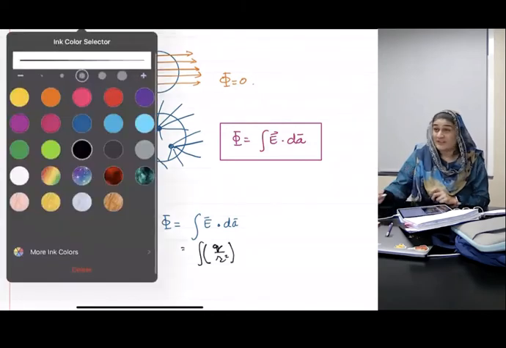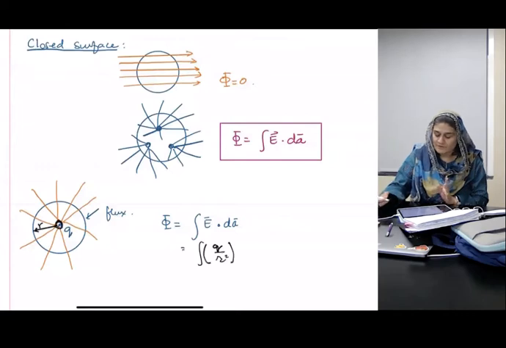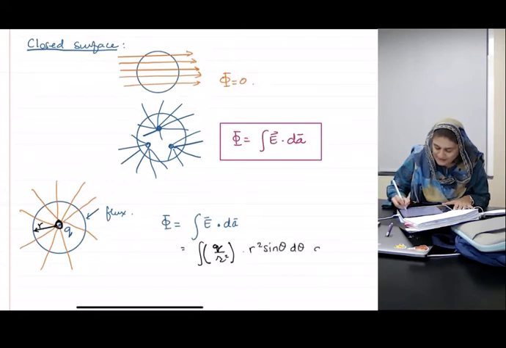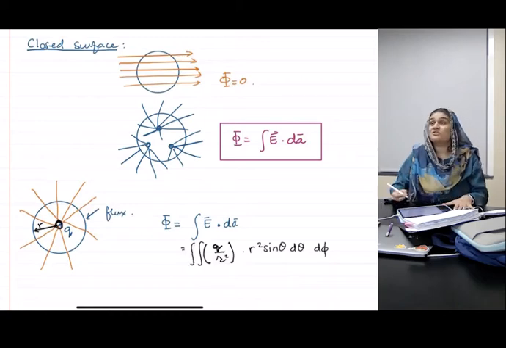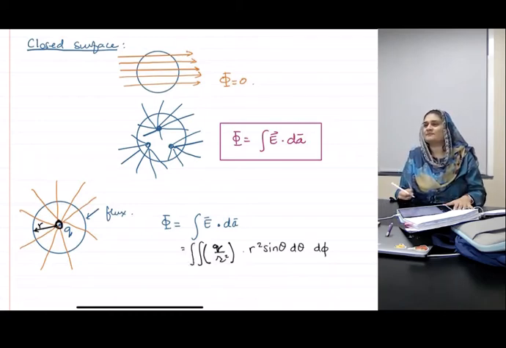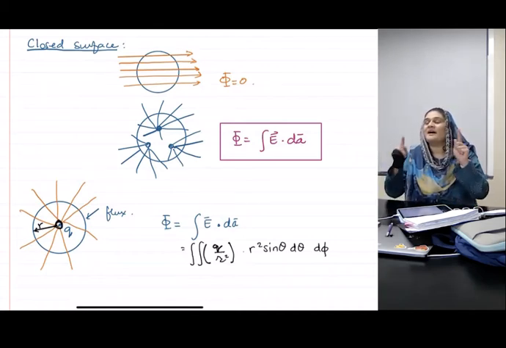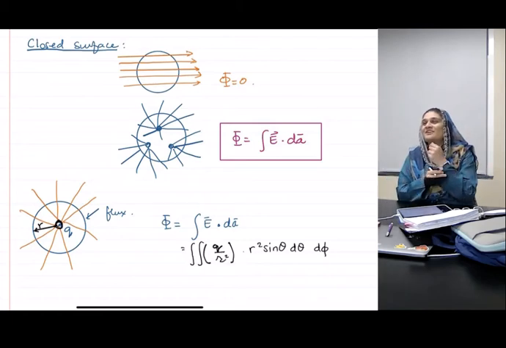It's a sphere. So spherical dA will be R squared sine theta d theta d phi. And one integration becomes two integrations. Going back to the surface area of a sphere, this is why that was so important when we did it in Newtonian.